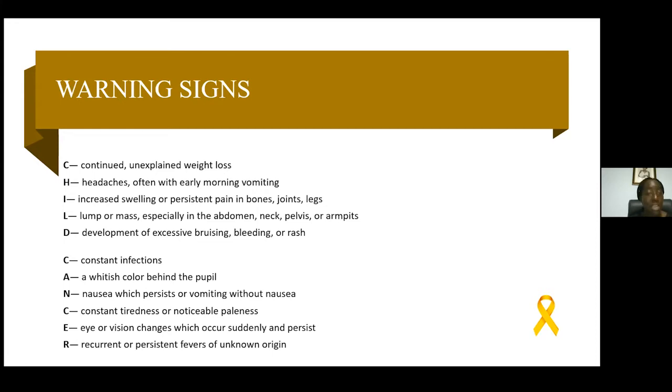These point to raised ICP, which can be due to a brain tumor. Also abdominal distension or abdominal masses, swelling in the bone, joints, or legs. And sometimes these children may not present with an isolated symptom. The child may have persistent bone pain, this child may be pale, so there may be an interplay of more than one symptom. You put the two together and suspect that this child may have a malignancy.